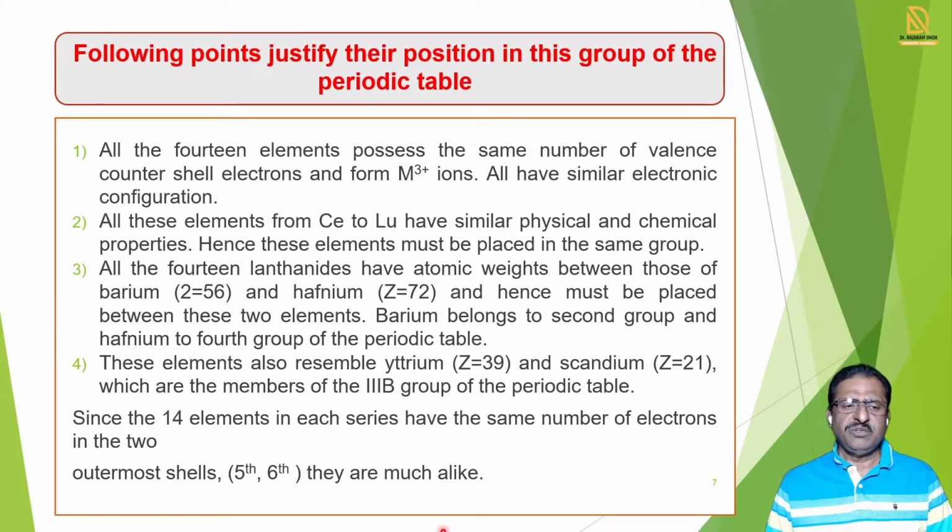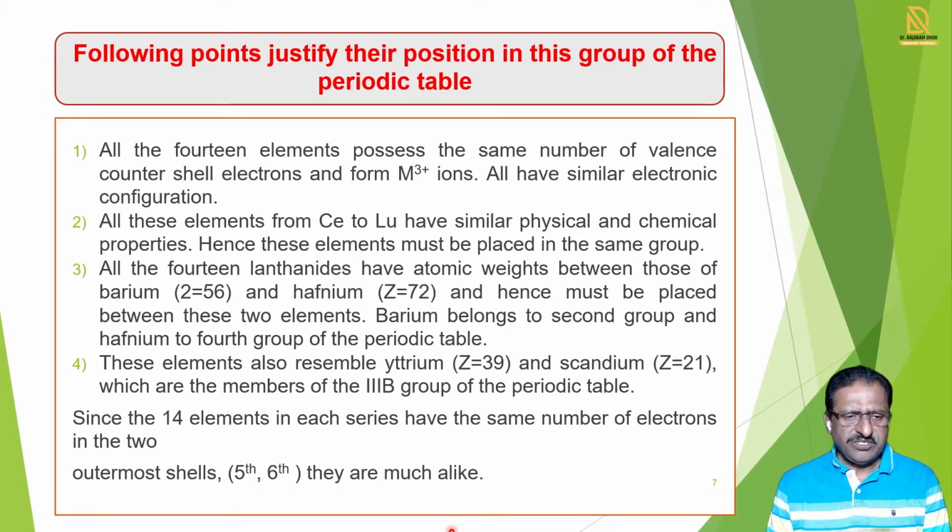So all have similar electronic configuration. Second justification: all these elements from Ce to Lu have similar physical and chemical properties, nearly the same. So since all these elements are from one series, they must be placed in the same group.